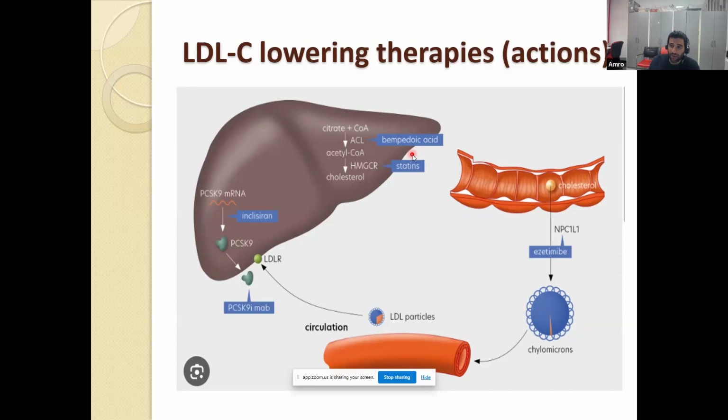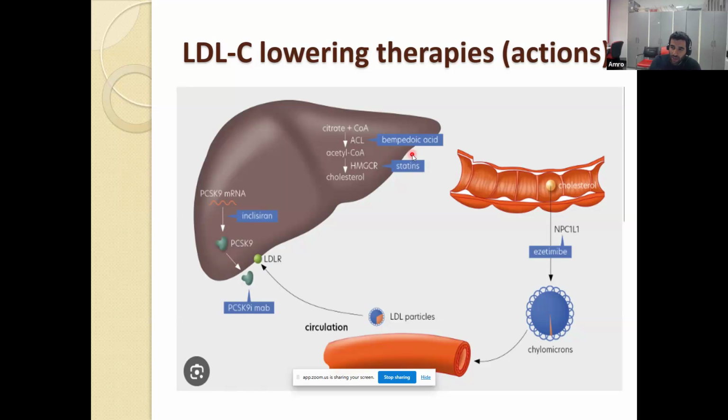The second point, which is just as important, if not more important, statins have what we call a pleiotropic effect. It doesn't just lower LDL cholesterol, it stabilizes plaques. So remember, right at the start, we were talking about plaque stability, vulnerable plaques.